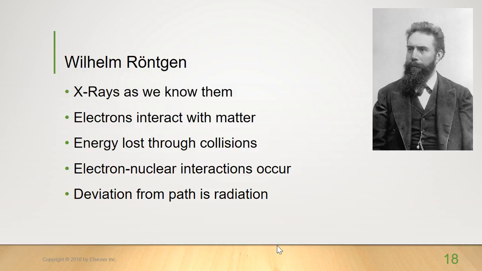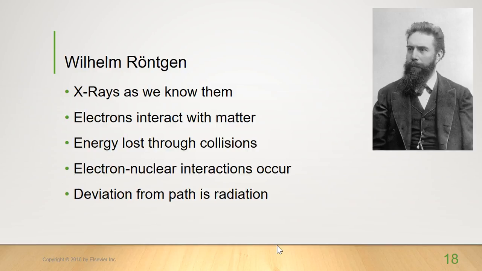When a fast electron interacts with matter, it may lose energy by Coulomb interactions, as well as a radiative process. Energy is mainly lost through repeated collisions with atomic electrons, which cause excitation and ionization.